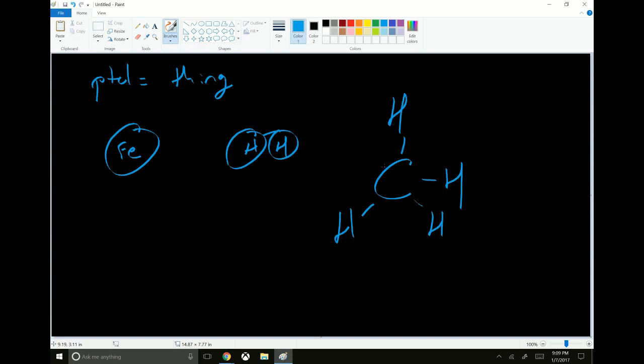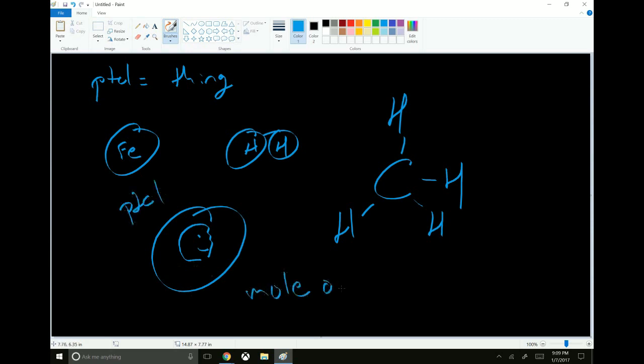It could be any number of things, so long as you can come up with some way of describing the thing you're looking at. In fact, you could talk about a penny. I should have probably drawn something easier to draw. That's Abe Lincoln. You could talk about a penny as an individual particle, and you could talk about a mole of pennies just as easily as you could talk about a mole of atoms.